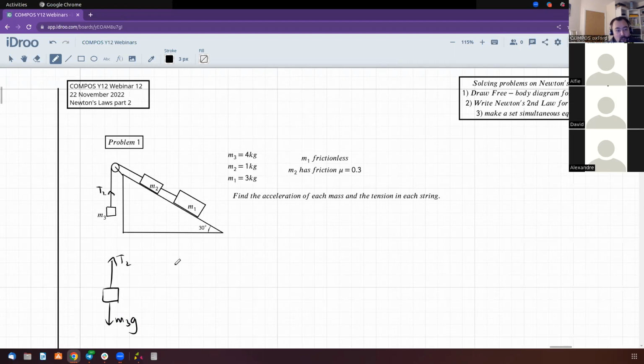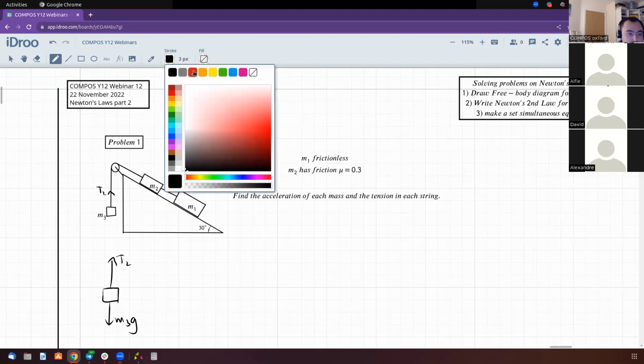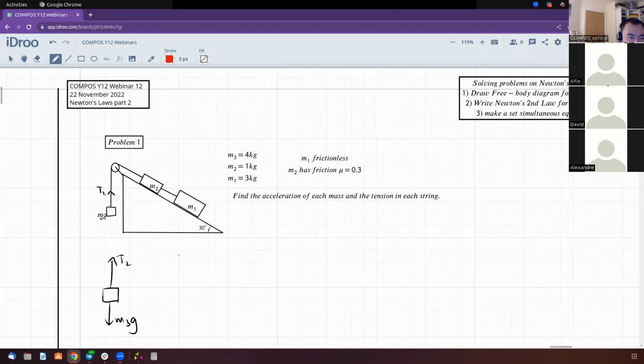M1 is frictionless and M2 has a friction coefficient of 0.3. Now M3, what's your guess? Will M3 move down or up? What do you think? Yeah, it looks like it's going to move down. Now, you don't need to worry if you get it wrong. So I'm just going to write down, it will accelerate downwards.